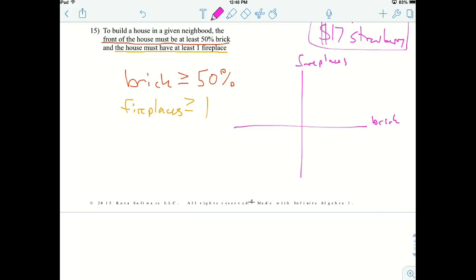And so when we mark this out, for brick we have 0 right here, and then we might say like 1 brick and 2 brick, so forth. And by which I mean 50% or 100%. So the percentage of brick. For the fireplaces we would be like 1 or 2.